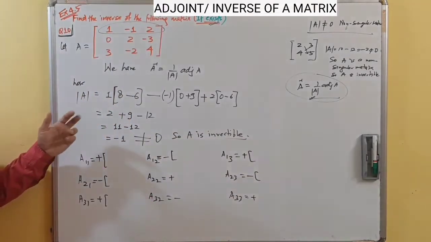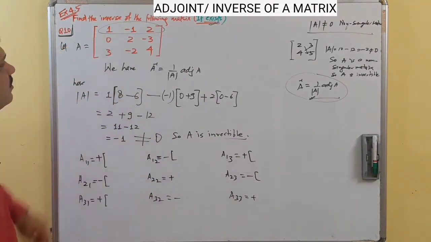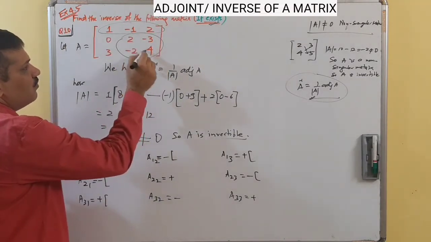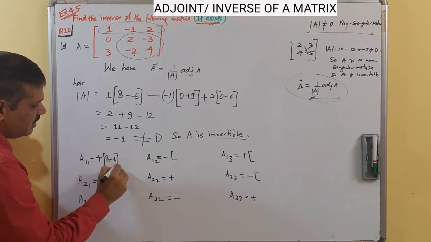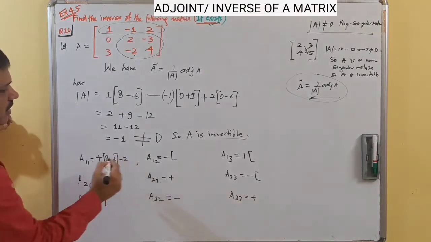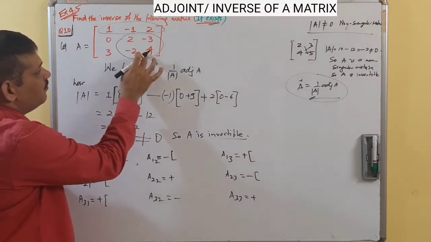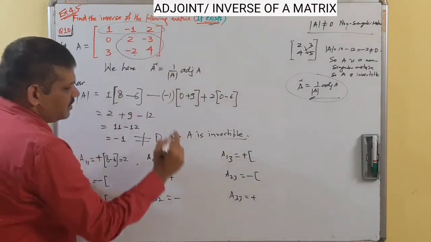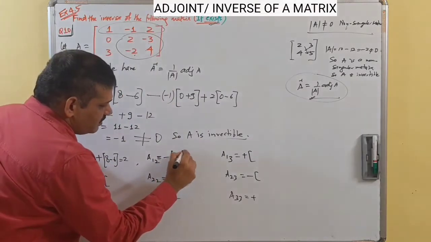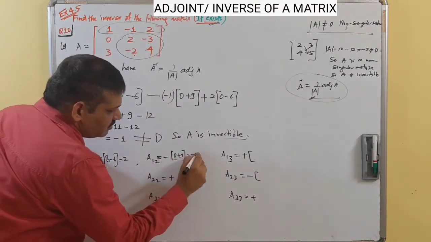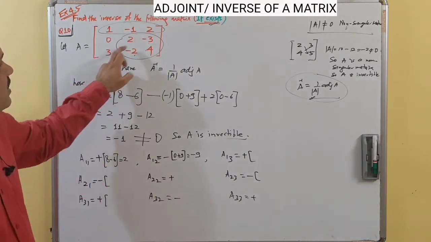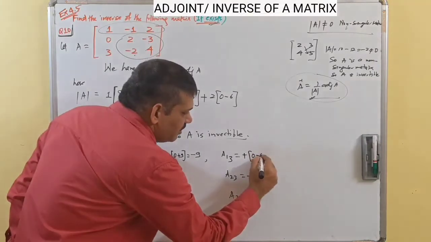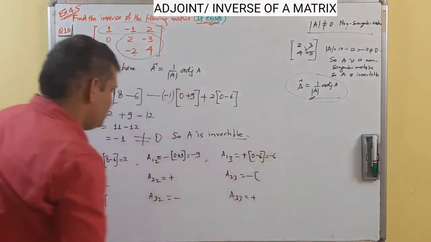Now how do we do this? The cofactor of this is simply 2 4s are 8 minus 6, that will give us 2. Again here for this, 0 minus of minus 9, that is plus 9, so finally it is minus 9. Again for this element we have 0 minus 6, that will give me minus 6.